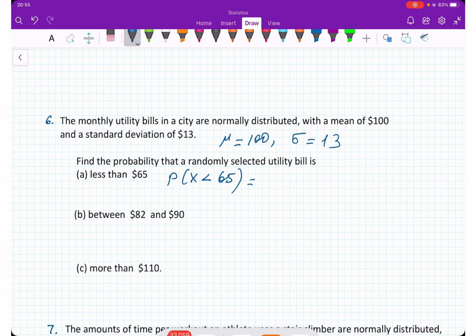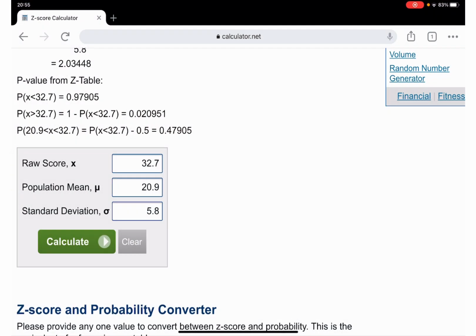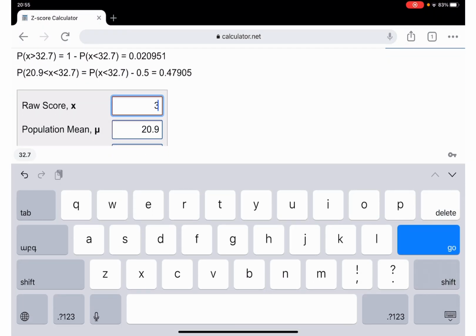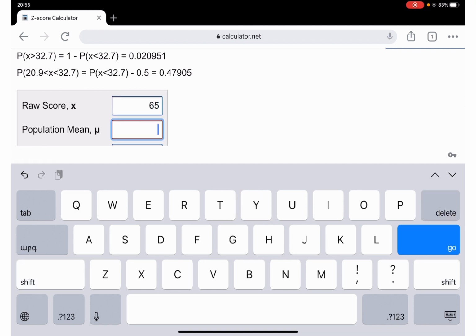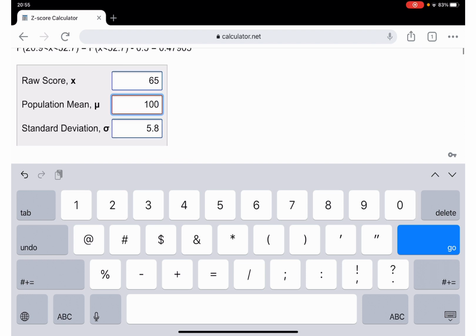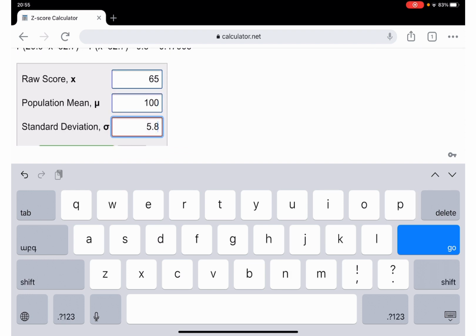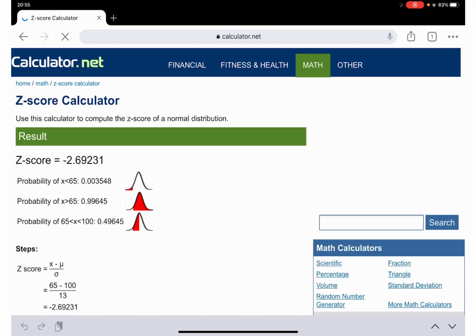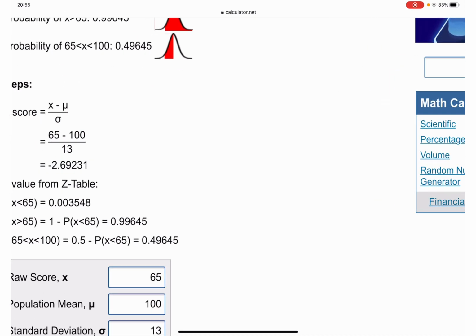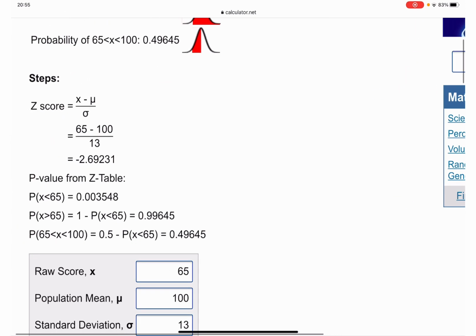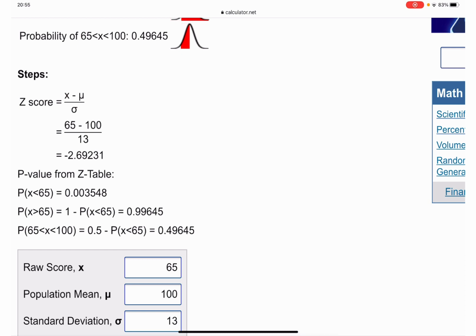Okay, so we have 65, it's 100, and here we have 13. And for less than, we are getting 0.003548.